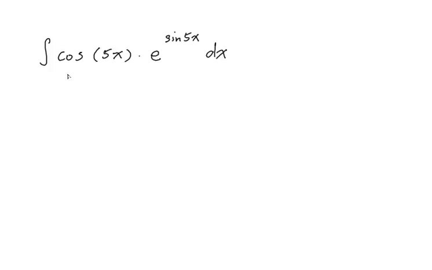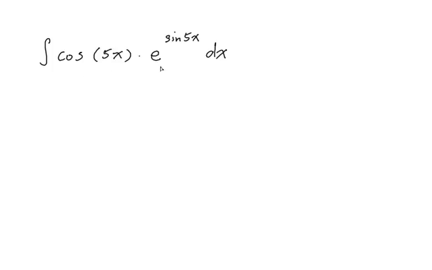So basically the first thing you want to do is, if you think about the cosine, if you differentiate, you're not going to get something that has an e on it. So this is obviously not the main thing.